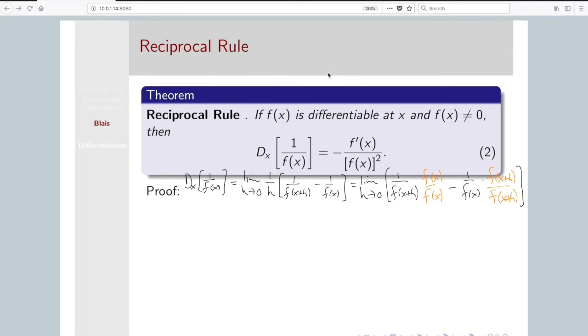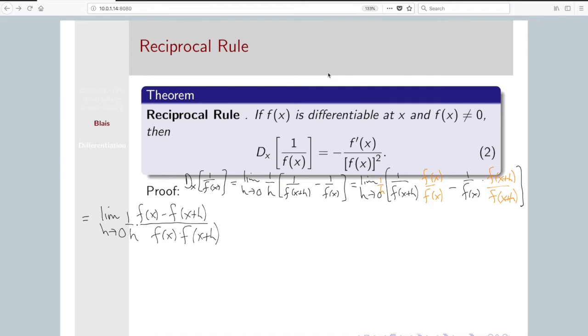Which now gives us, and don't forget the 1 over h, the limit as h goes to 0 of f of x minus f of x plus h over the product of f of x times f of x plus h, all multiplied by 1 over h.